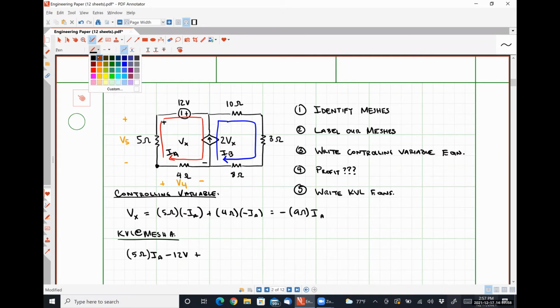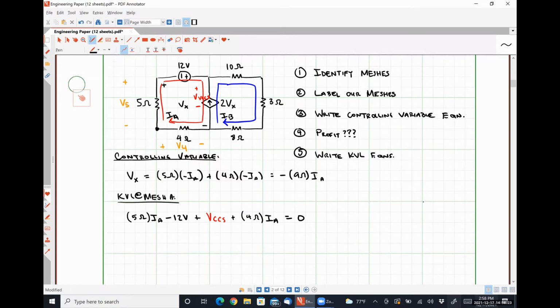So best case scenario, we could call this VCCS and move along. Then we would have our 4 ohm resistor multiplied by a current of IA. So set this equal to 0.